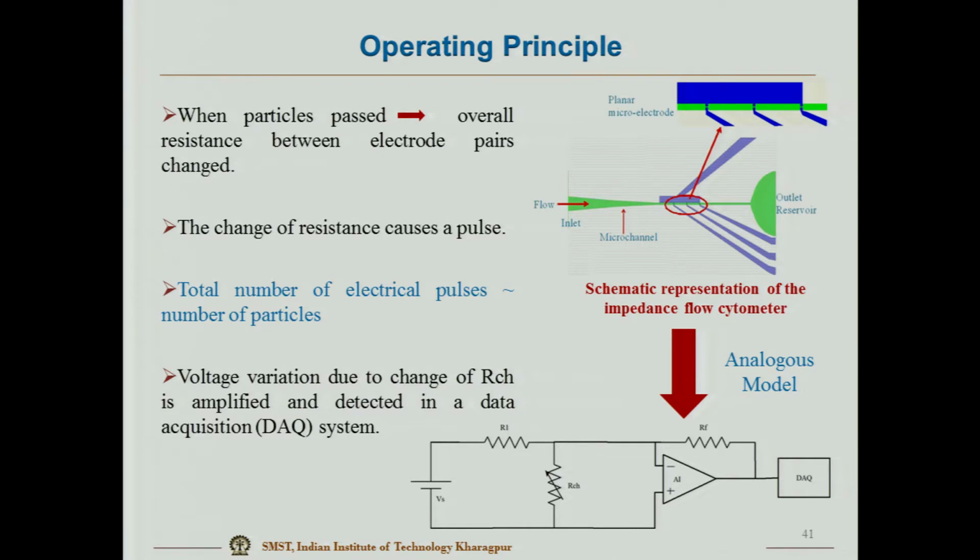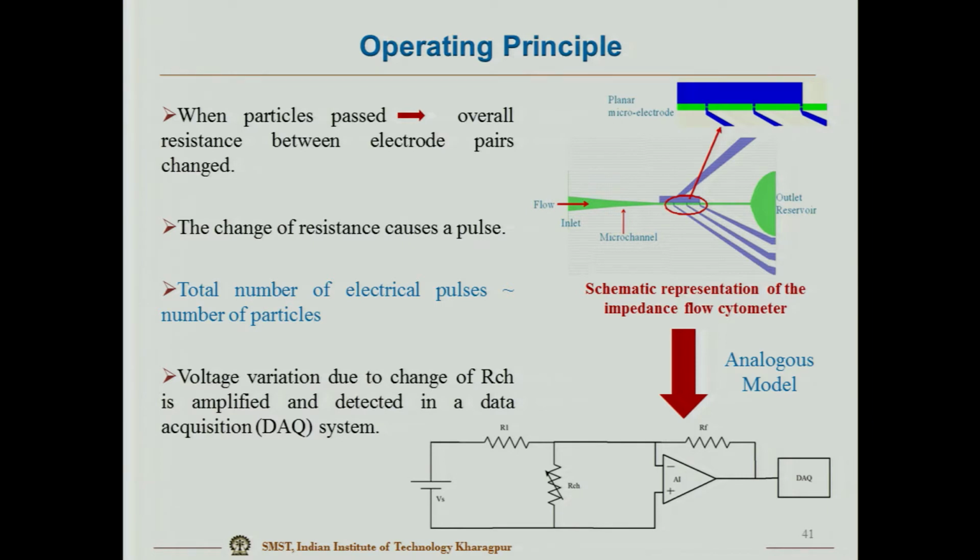Secondly, as there is a shift in voltage, from the shape of the voltage signal you can get the dimension of the cell, because it will depend on the velocity, the electrode dimension, and the cell dimension. Based on that you will get the signal level shift.